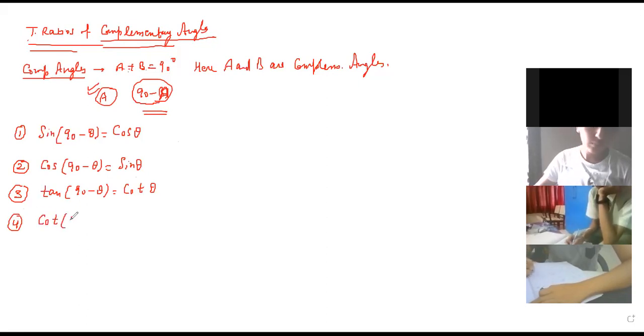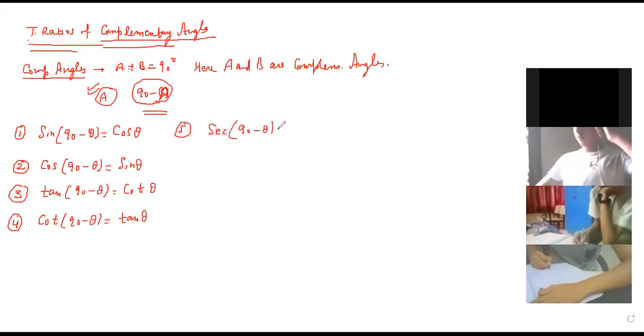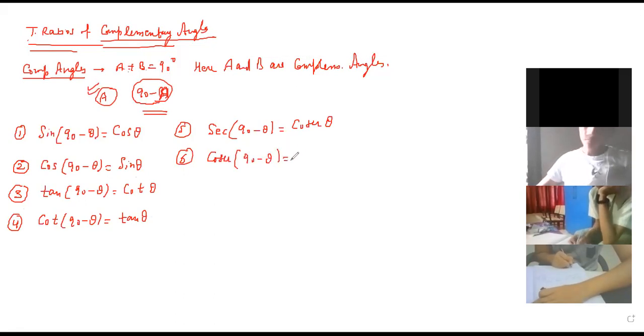Cot 90 minus theta is tan theta. Sec 90 minus theta will be cosec theta. And cosec 90 minus theta is sec theta. Now we will do questions based on these six formulas. Note them down first, calmly.